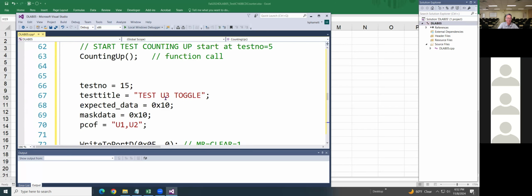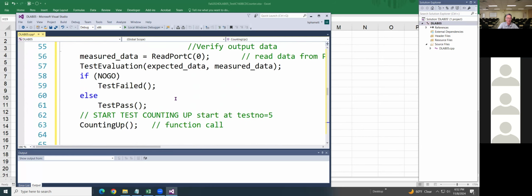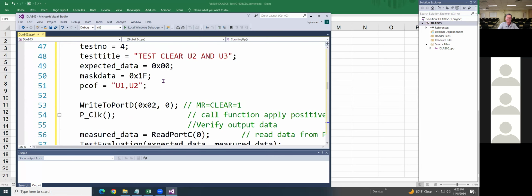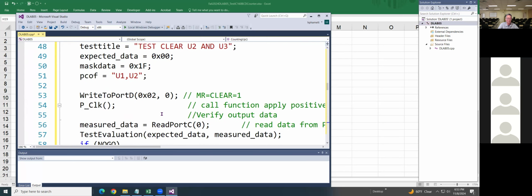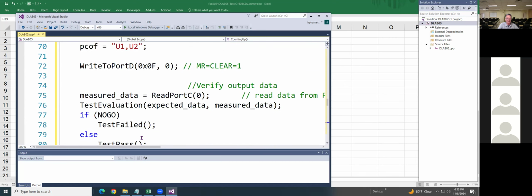Okay. You see that you get that number 4. Done. Okay? Then when they hit the counting up function, they do not execute in here, they jump into the function definition here.